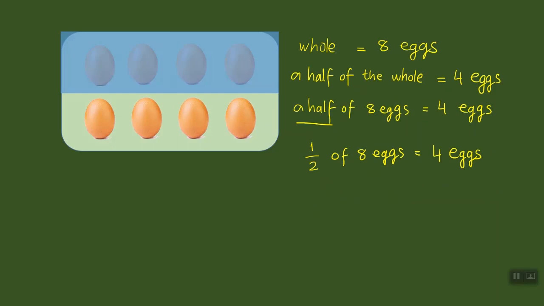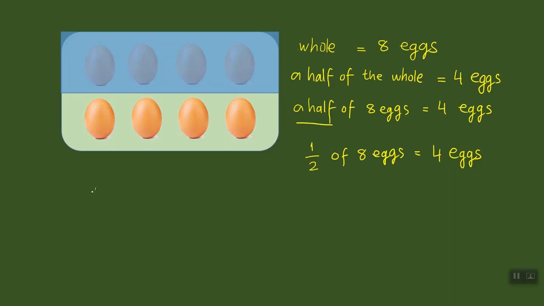Now we are back to this picture. The blue layer covered half part of the whole. You see that the whole is 8x and the half of the whole is 4x. Now I want you to think about division.